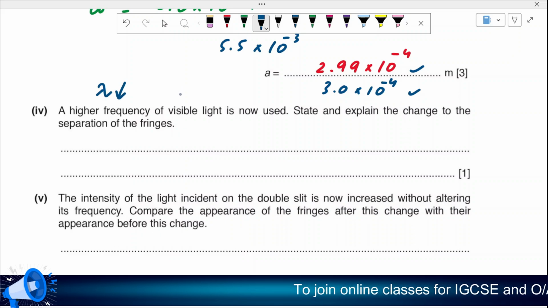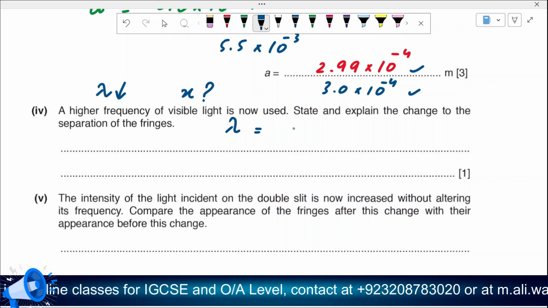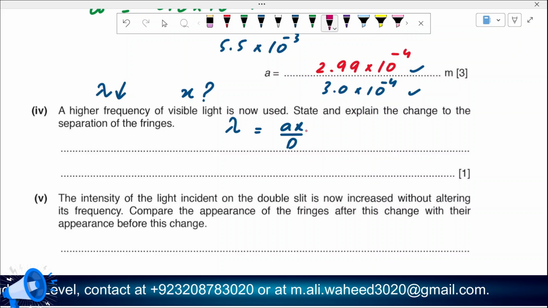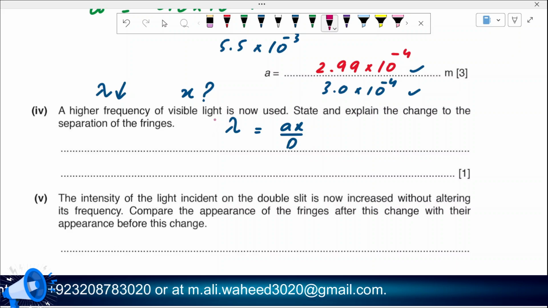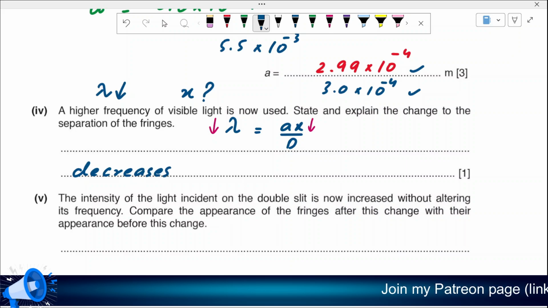So lowering the wavelength, what is the effect on the fringe spacing, which is x? So what formula do we have? Lambda equals to ax over d. What does that mean? If we decrease the value of lambda, the value of x would also decrease. So fringe spacing decreases.